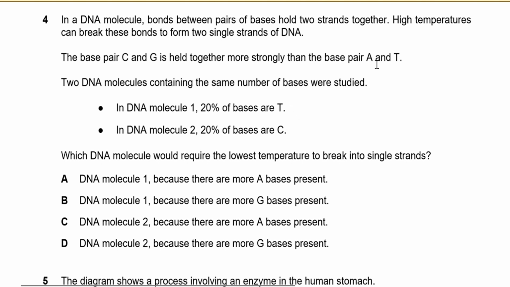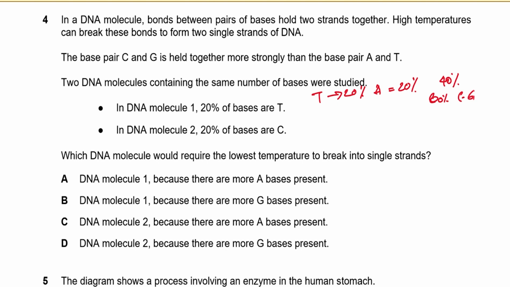Base A. So 20 plus 20 will get 40%. Alright, so in this molecule, it means we have 40% of base T and base A. Then at the end of the day, the remaining will be 60% of base C and G.